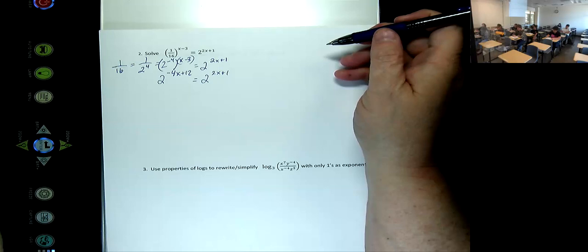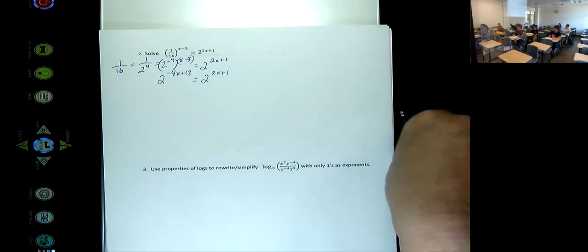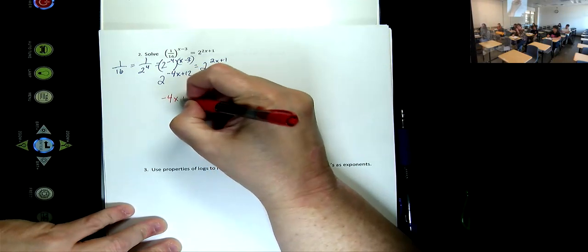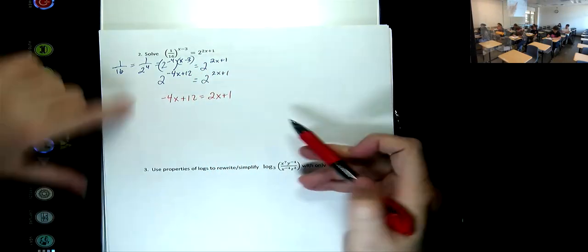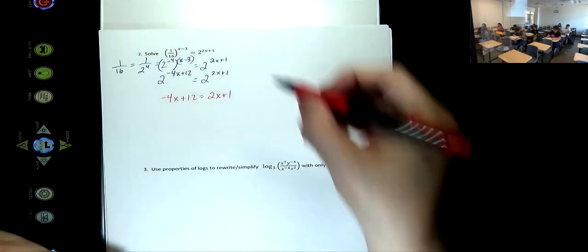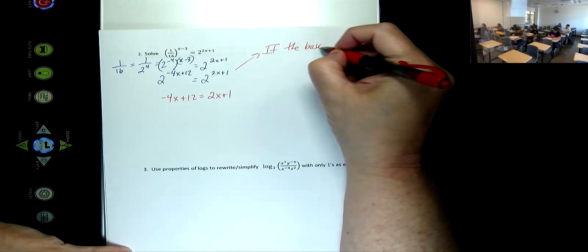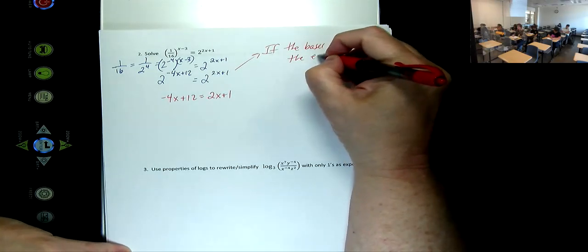We'll work on the up ones. They're called exponents. I was thinking if the bases match, the exponents match. That's the idea. If the bases match, the exponents have to match to be equal.